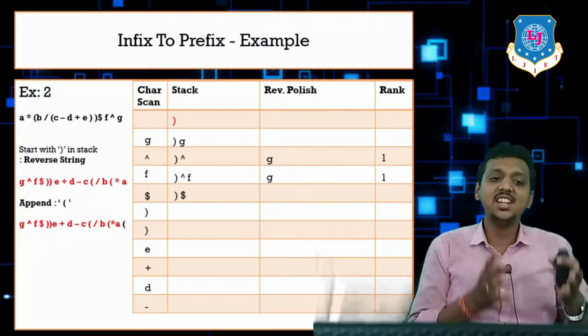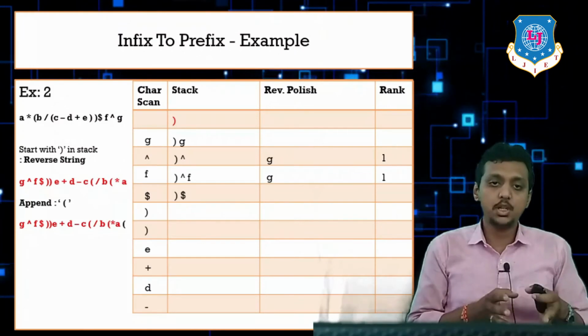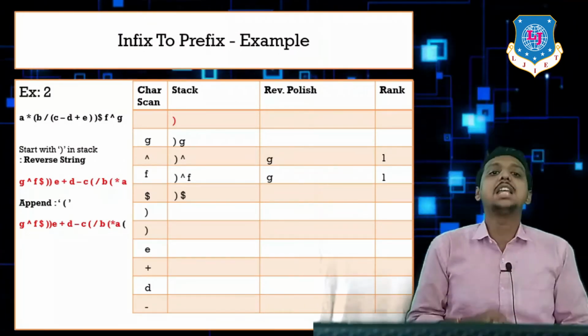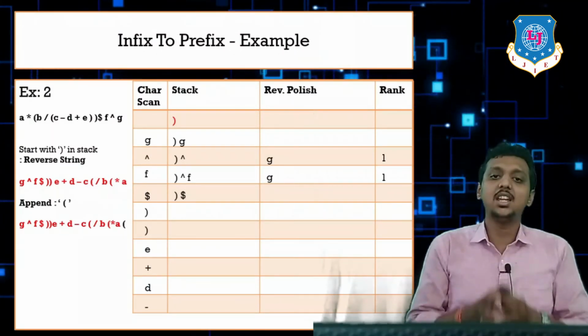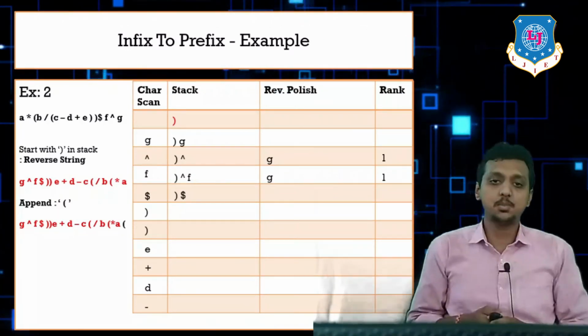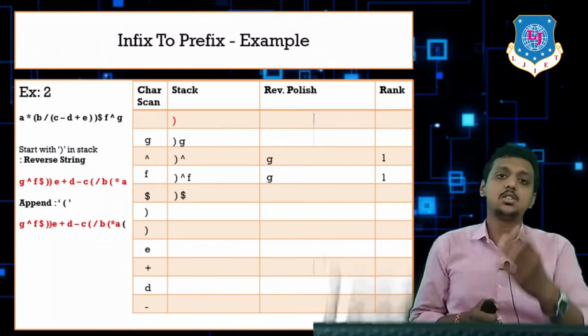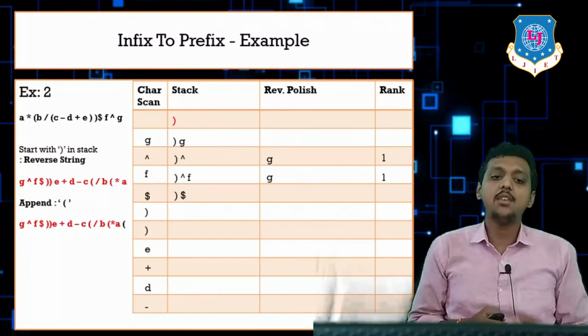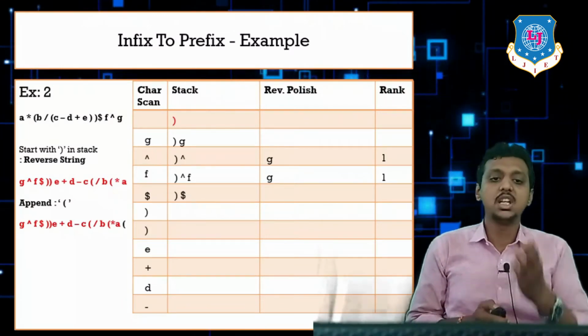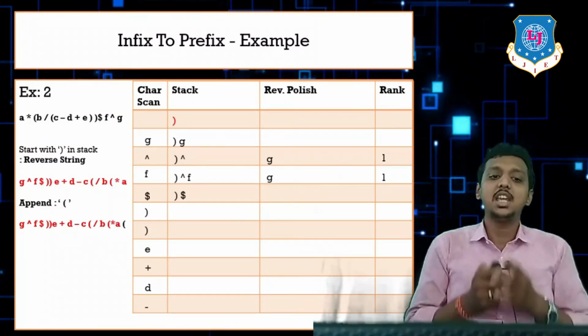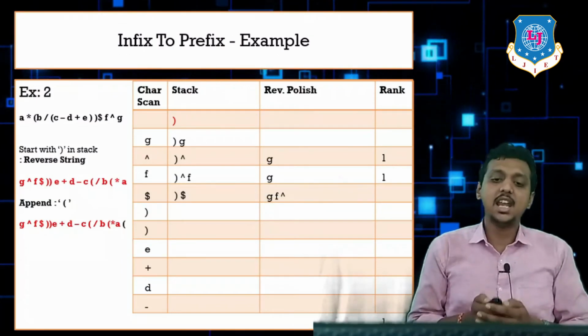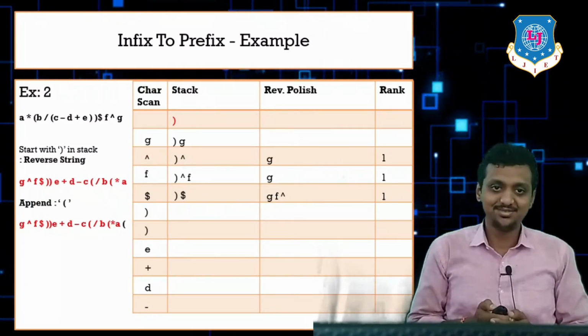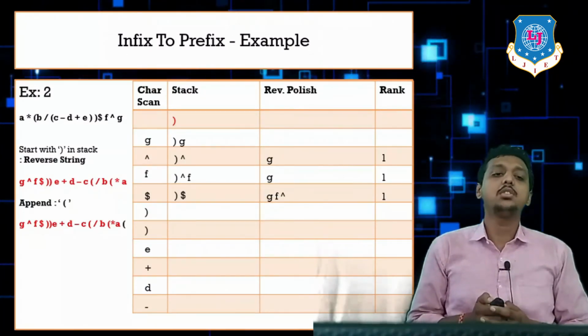The exponential operator outside the stack has lower precedence than the exponential operator inside the stack. Fine. So F and caret both will be popped out and my final answer is G F caret. Rank remains 1.